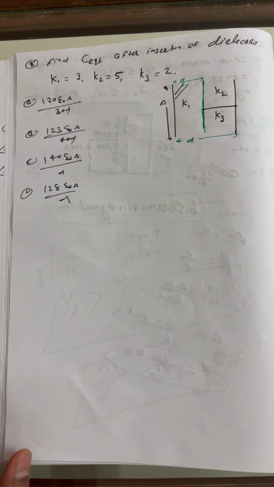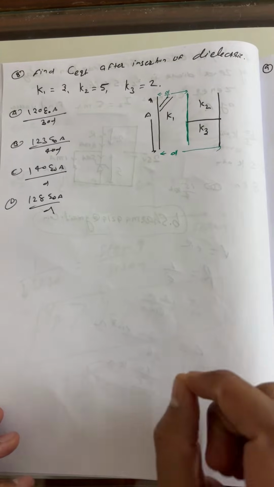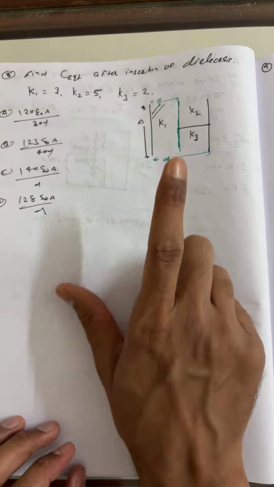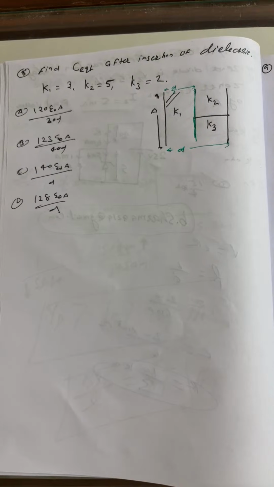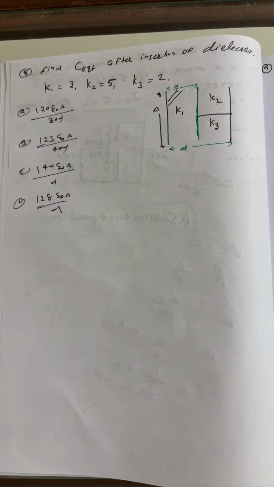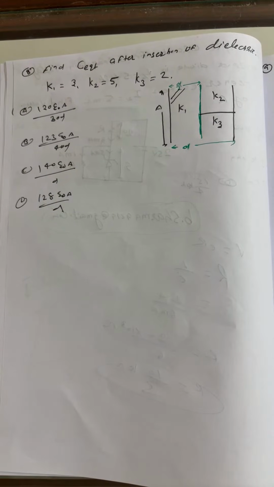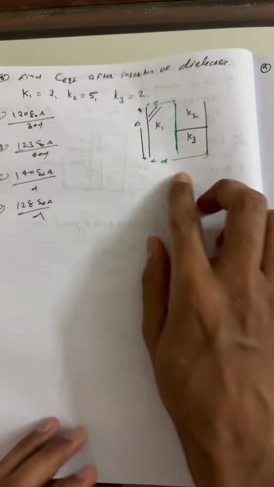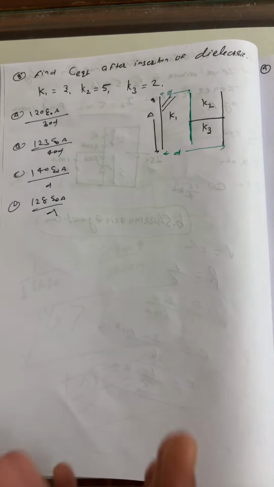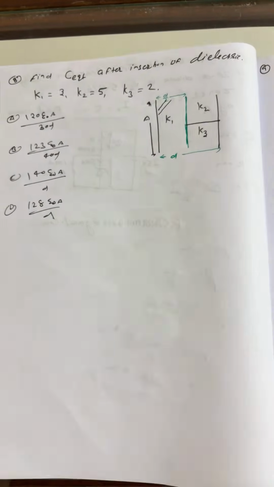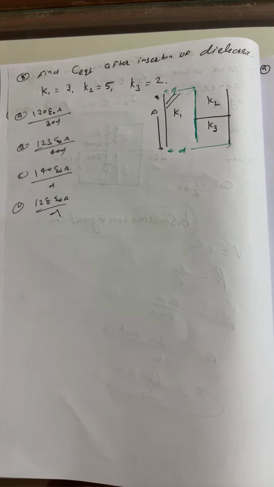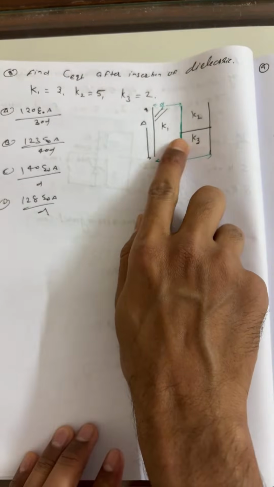Now, I don't have the proof now, otherwise I can say this question is literally super important. For this condition, first we have to identify what we have to take into consideration, because this is K2 and K3, no doubt, these are in parallel.